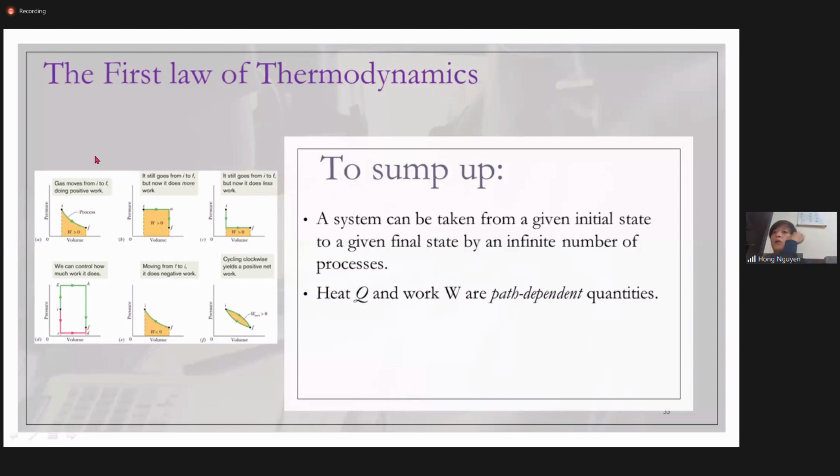And the work and the heat, both, are path-dependent quantities. So if you change the process, the work might change and the heat also might change accordingly. The work and the heat are called path-dependent quantities because of this reason.